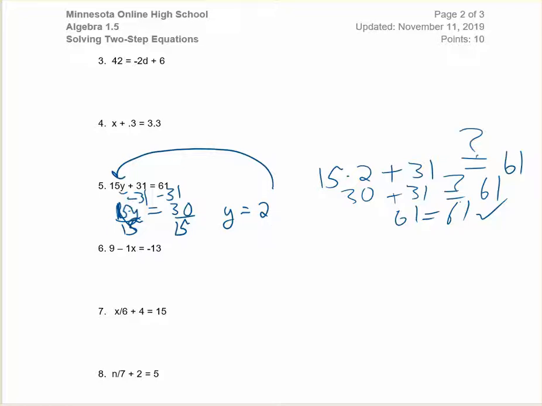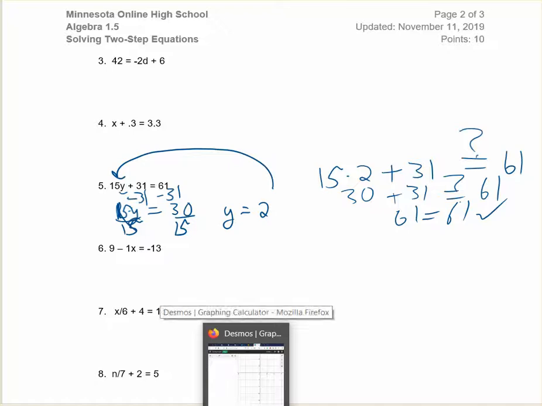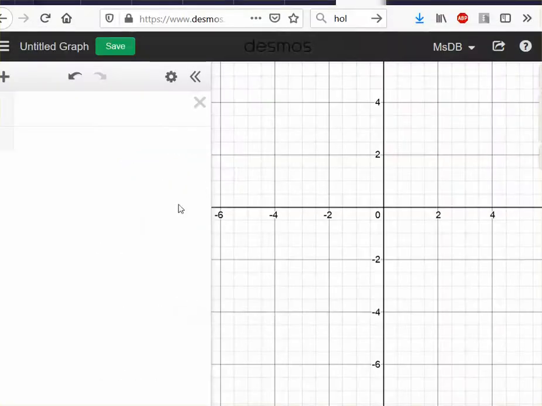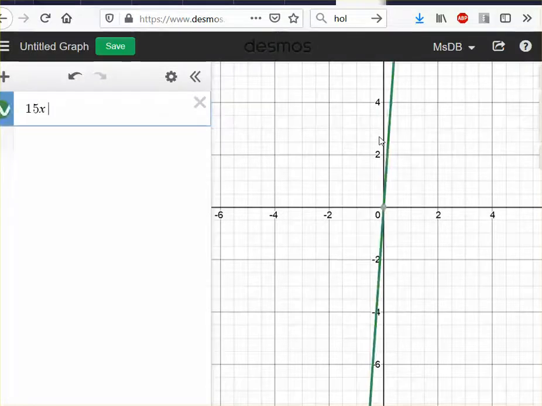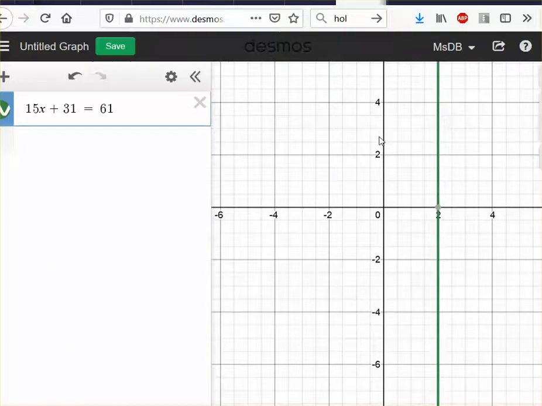You can also check using technology like Desmos or GeoGebra. So for this equation, 15y, I'm going to change that to x though, 15x plus 31 is supposed to be equal to 61. You can type it exactly as shown in the equation, except you have to change the variables all to x.